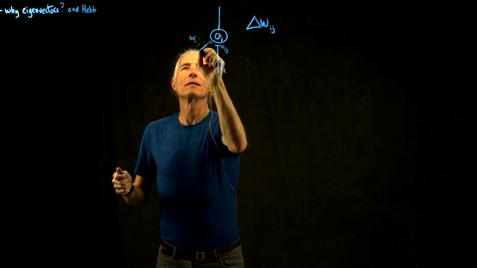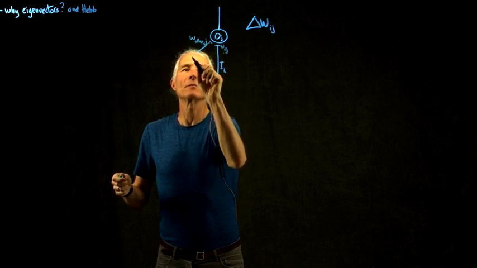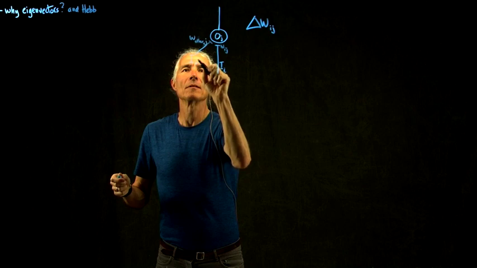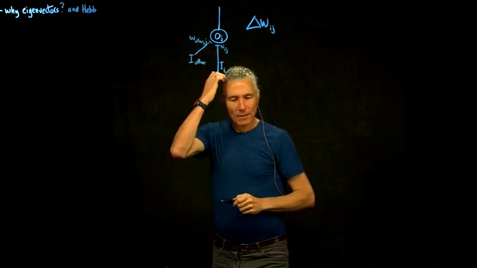Weight from some other unit to output unit J, and then here's some input other. And there's lots of other inputs, 1,000 other inputs.